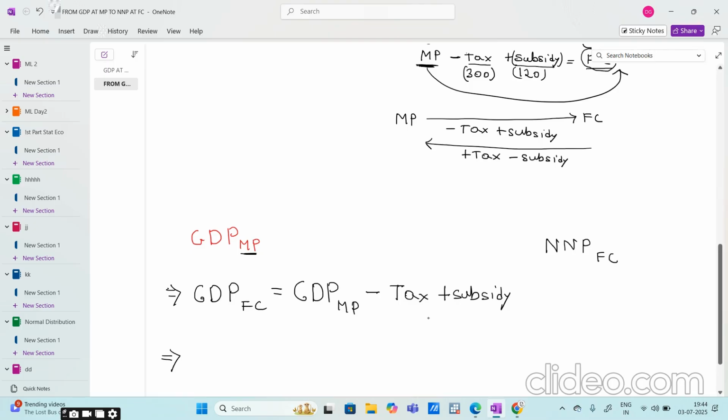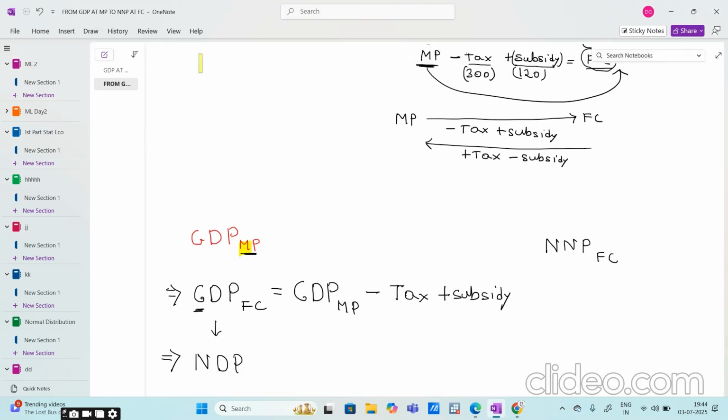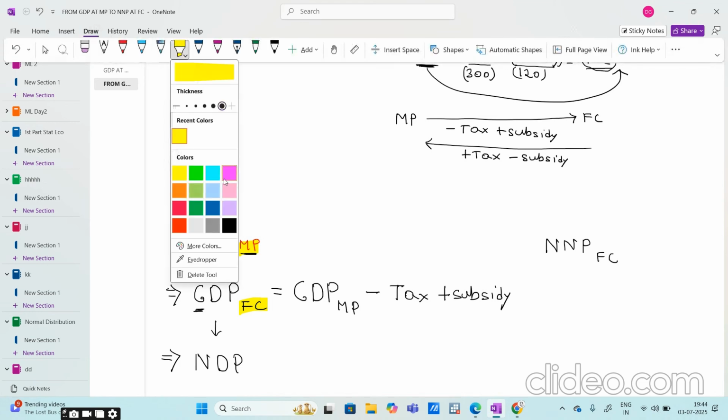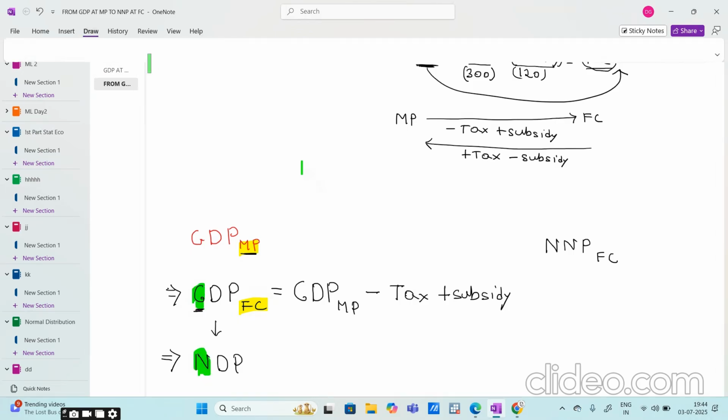Now from this GDP at factor cost, I want to go to NDP at factor cost. Gross domestic product, this G has changed. At first this market price turned into the factor cost. Now we are turning this G, gross, into N, that is net, gross to net.